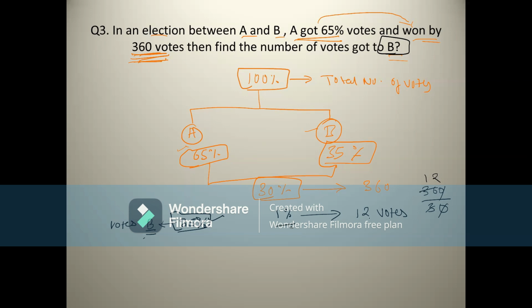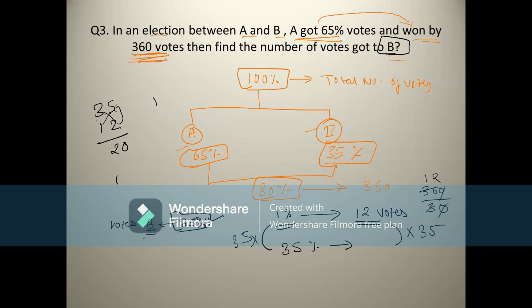If the value of 1% is 12 votes, then for the value of 35% we multiply by 35. So when you multiply this 12 with 35, what will you get? It is a 2 by 2 multiplication. We'll first multiply the unit digit. 5 twos are 10, 1 carry, 3 twos are 6, 5 ones are 5, so 6 plus 5 is 11 plus the 1 carry is 12.